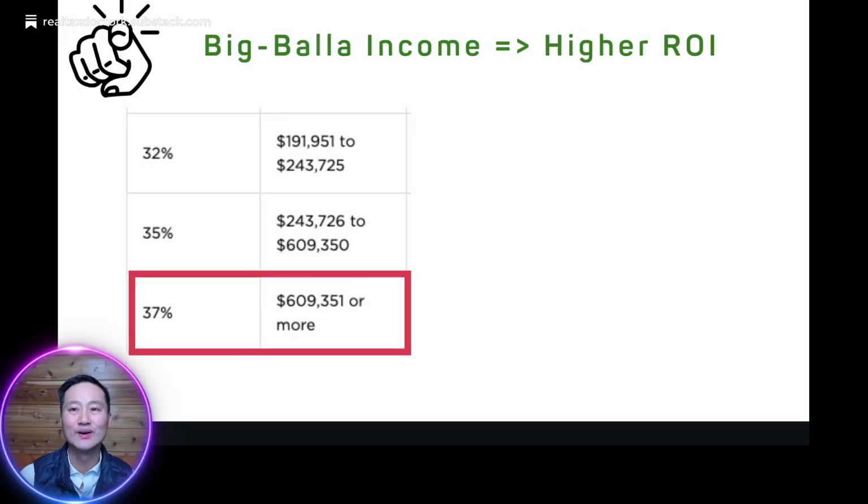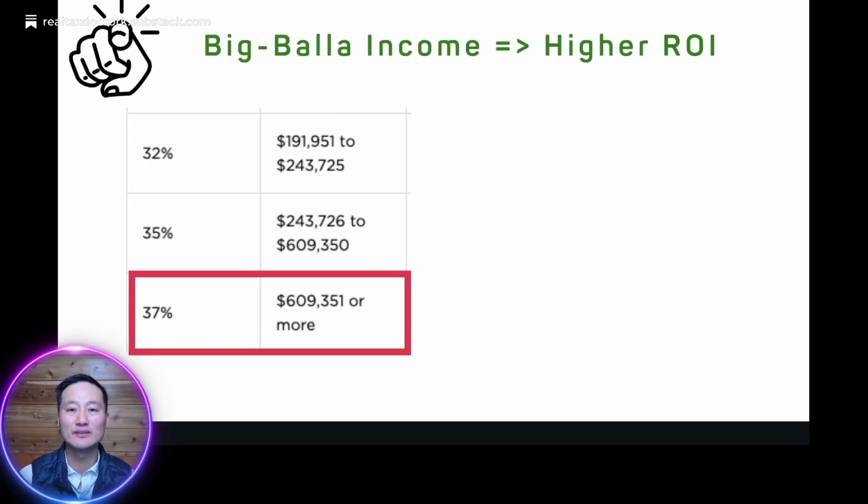Now, when you start making big dollars as an interventional radiologist or plastic surgeon, you're likely going to be sitting at the 37% tax bracket, right? That means every extra dollar that you can deduct to lower your taxable income will save you 37 cents in taxes. So think about that.